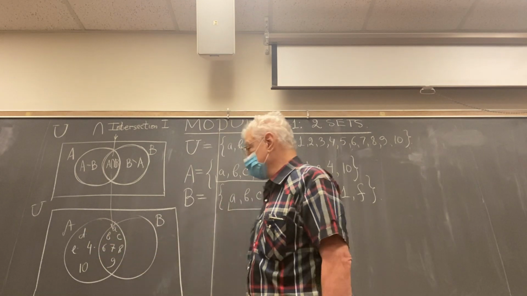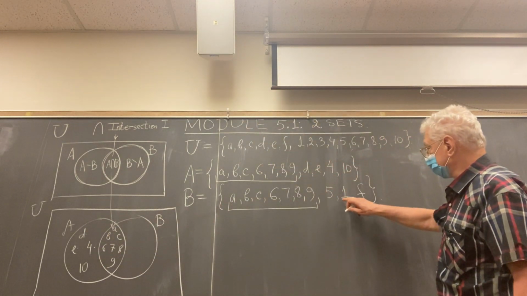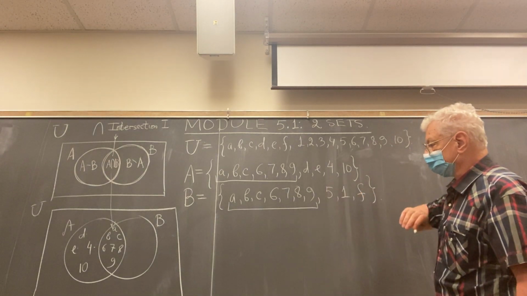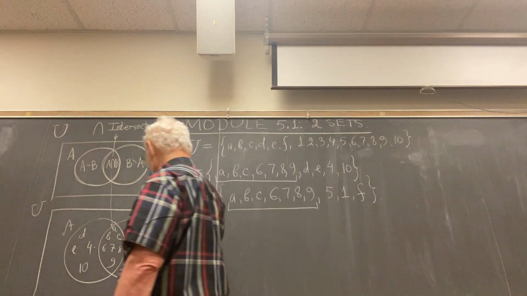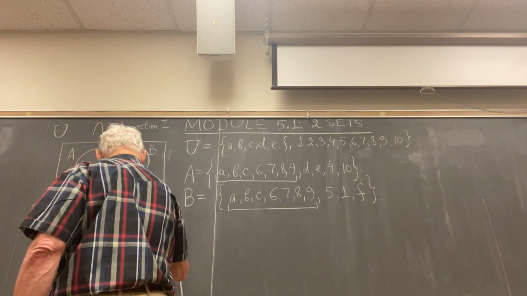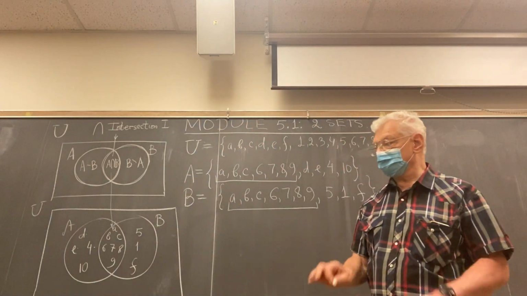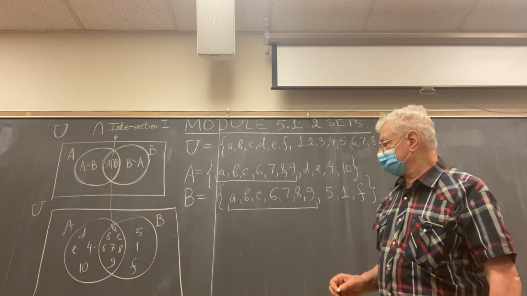So 4 elements. Next are the elements in B which are not in A: 5, 1, f. So I filled A union B. What else is left over? Let's look.